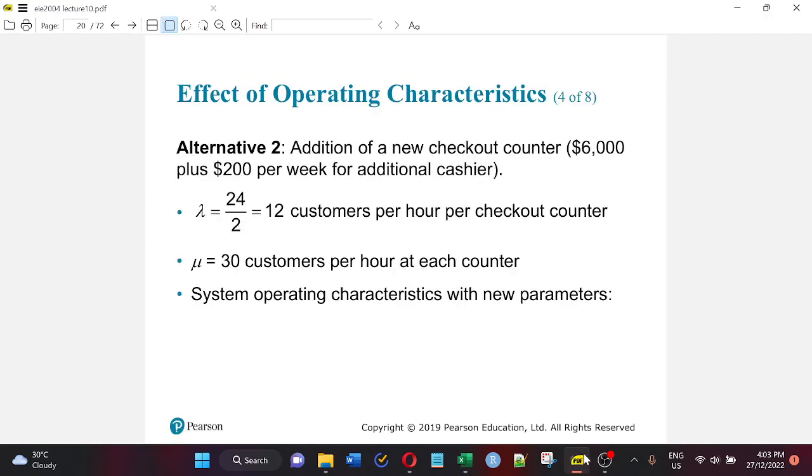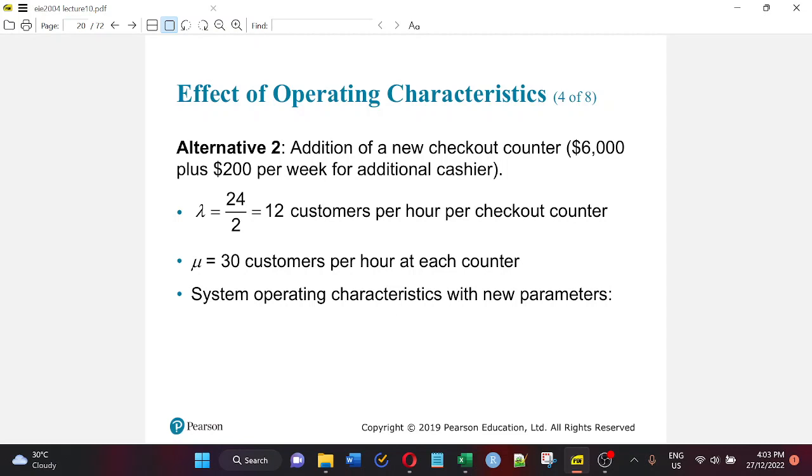The second alternative says that instead of having a new employee to help with the packing, you add another checkout counter, but this one will cost you $6,000, plus you need another person to work on the second counter, plus you need to pay $200 per week for the additional cashier. Now let's see whether this is a better alternative.